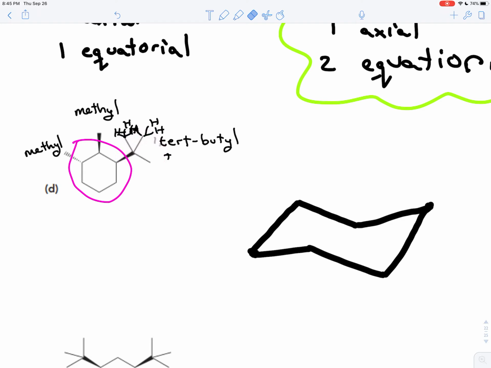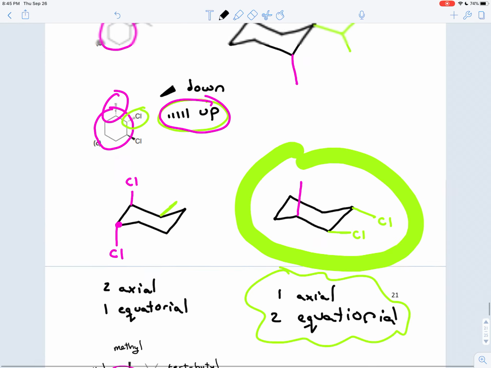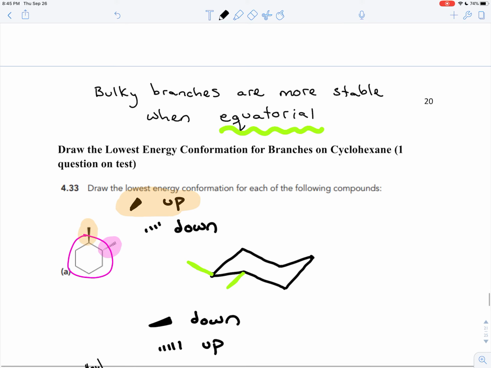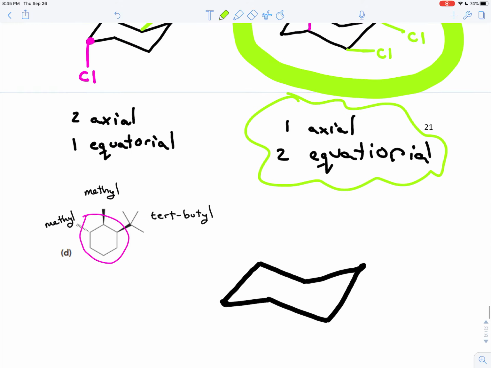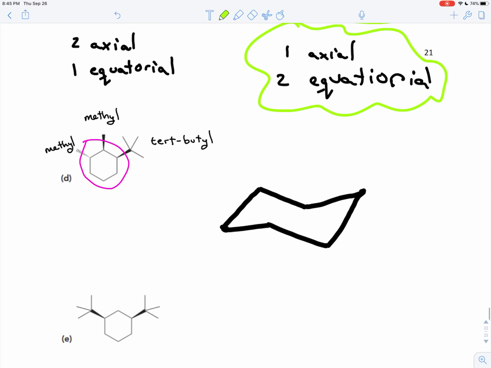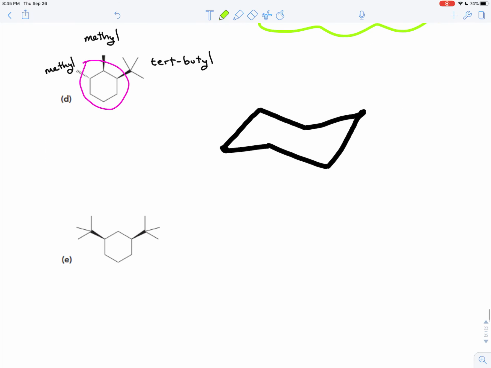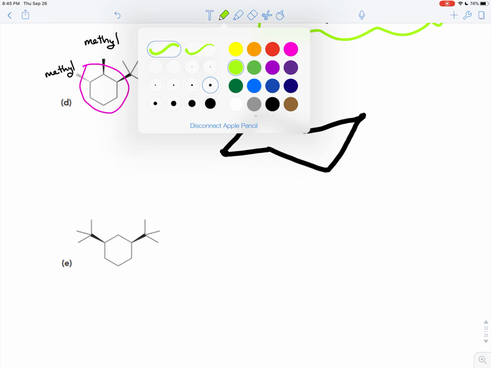So what we want to do is make sure that bulky branch is equatorial. We want to make sure that it is pointing out into space, right? Because bulky branches are more stable when they are equatorial. So we want to make sure we draw that tert-butyl group as equatorial.